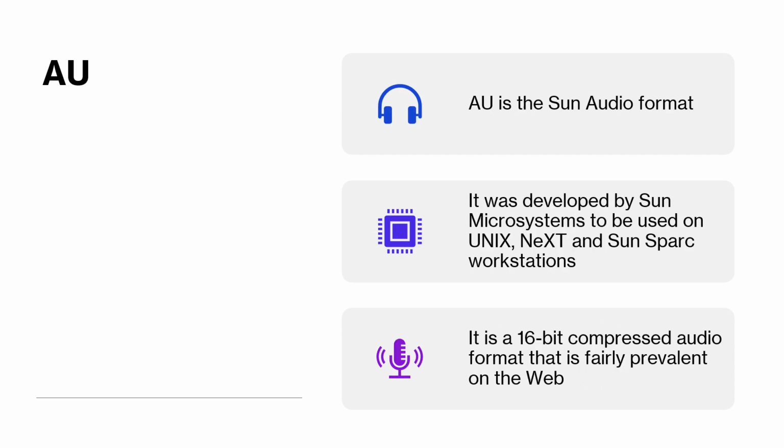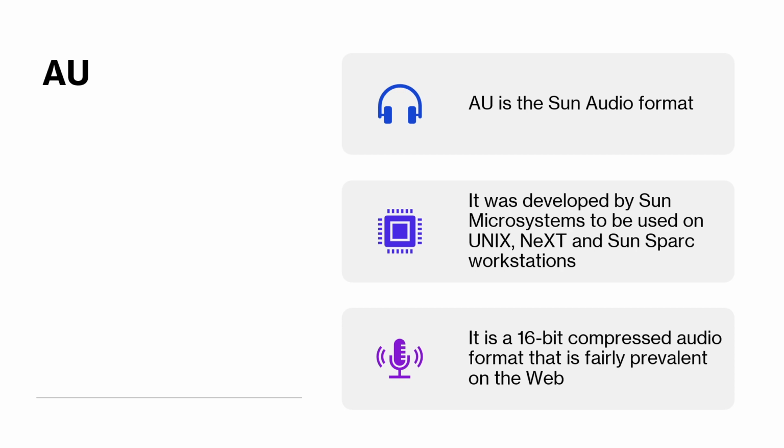We also have the AU, which is the Sun audio format. This was developed by Sun Microsystems, to be used on Unix and Sun SPARC workstations. So that is also an audio file that was developed by this company, Sun Microsystems.